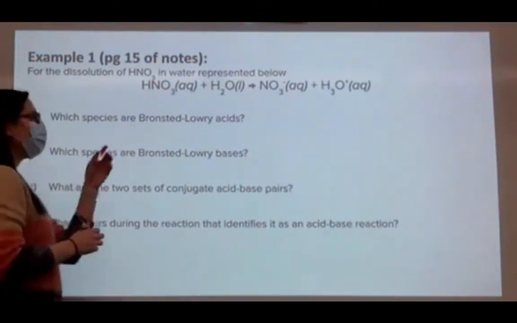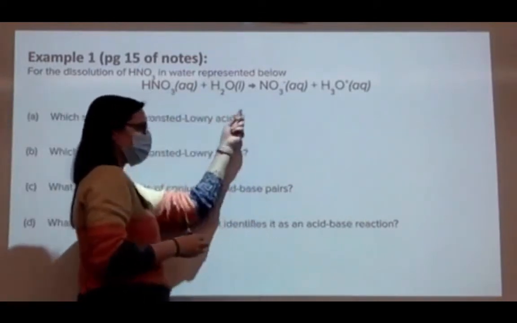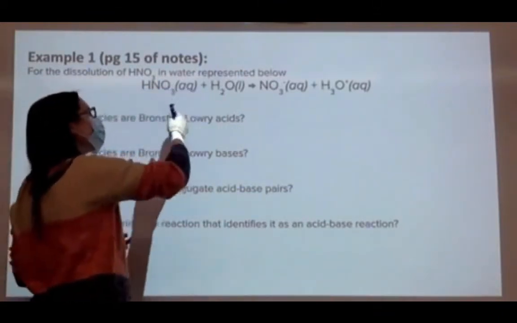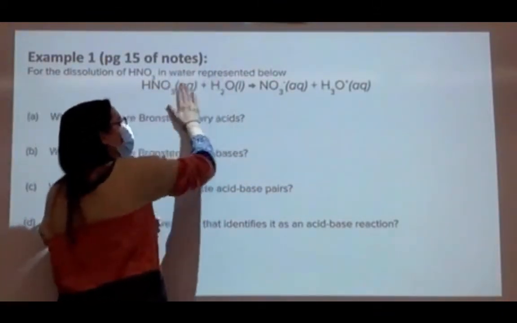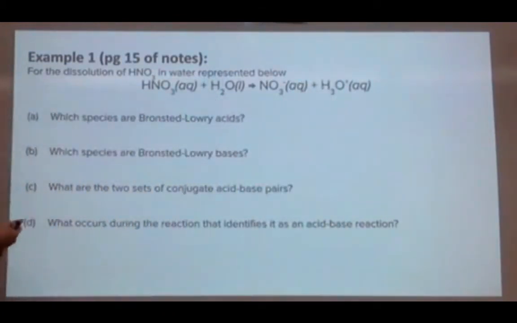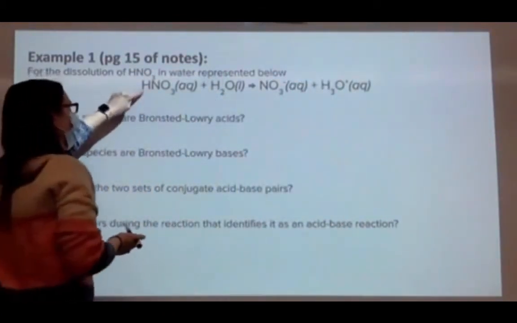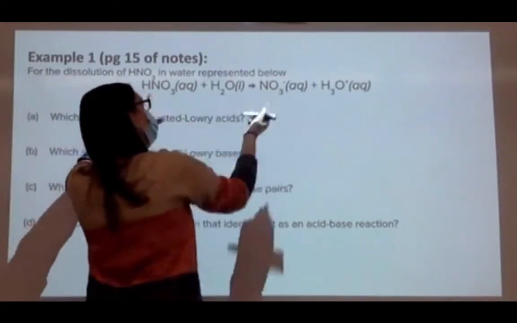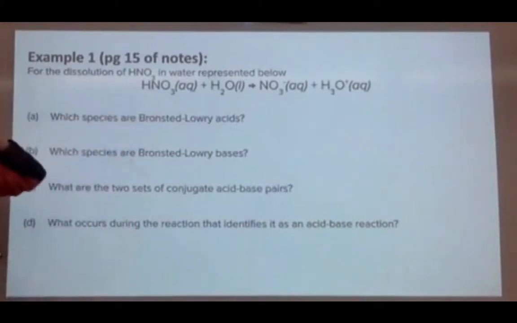When we are given a reaction that looks like this, before you do anything else, look at the left side and look at the right side. Look and see what has to happen to get from what we have on the left to what we have on the right. For example, we have HNO3 plus H2O, which forms NO3- and H3O+.